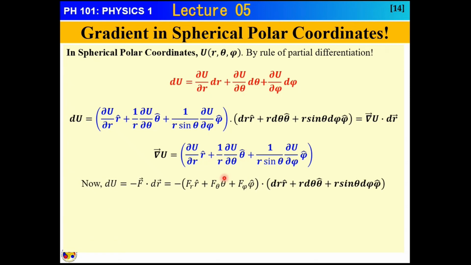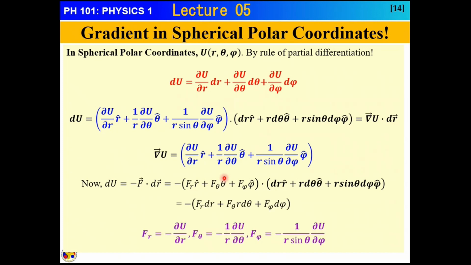Force, again, the procedure is the same. The bottom line is the force along the r direction is given as Fr equals minus the rate of change of the potential energy with respect to r. The rate of change of potential energy if we move theta plus d theta, the amount of length we are moving in the theta cap direction, is r d theta.